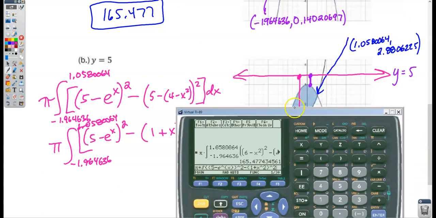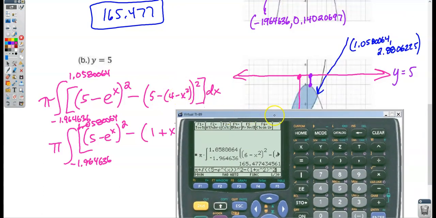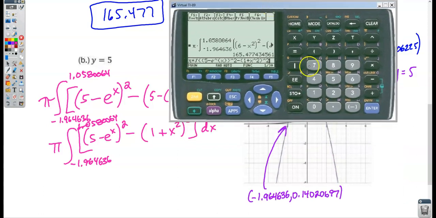Again, you can leave this in this form and just type it in as is. You don't have to simplify what's in the integrand in order to type it in. In fact, I normally don't, unless it's something that I can simplify real easy in my head as I'm typing it in, and then I usually don't simplify it on paper, but I just simplify it as I'm typing it into my calculator.